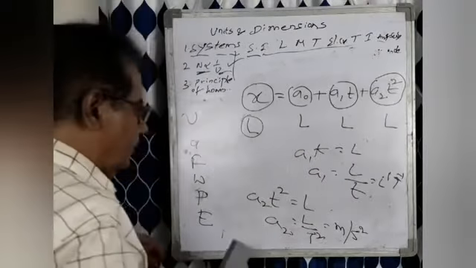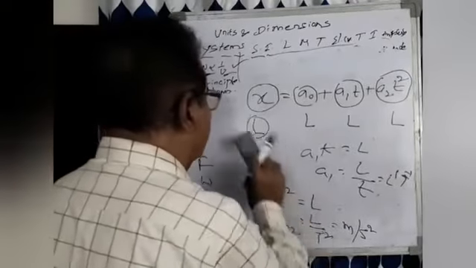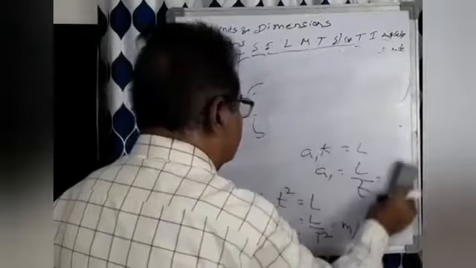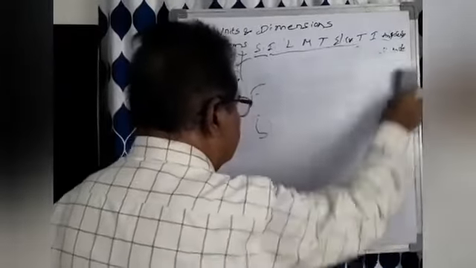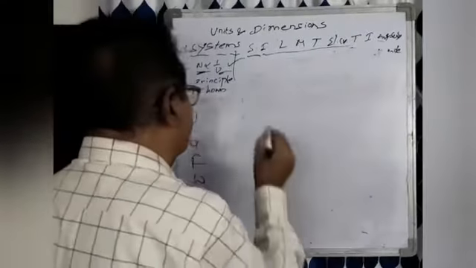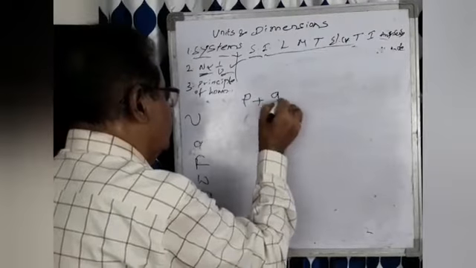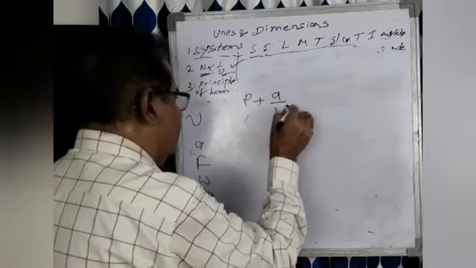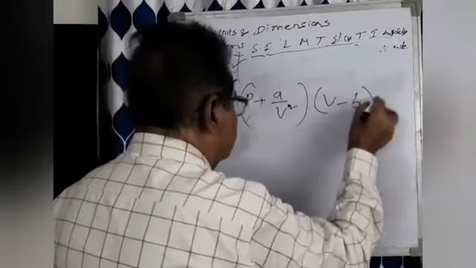In your next class, on the principle of homogeneity, you will get a question like this. You know the gas equation, PV is equal to RT. I think you got it in your lower classes itself. But the actual form of it is, with this I will stop, P plus A by V square into V minus B is equal to constant.